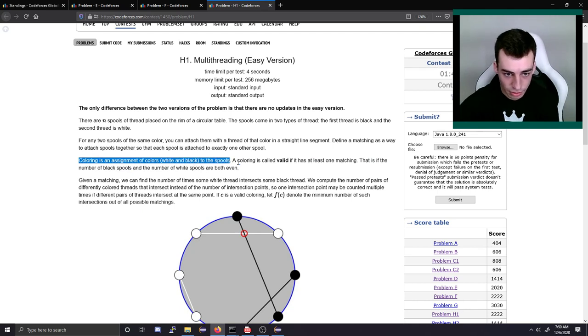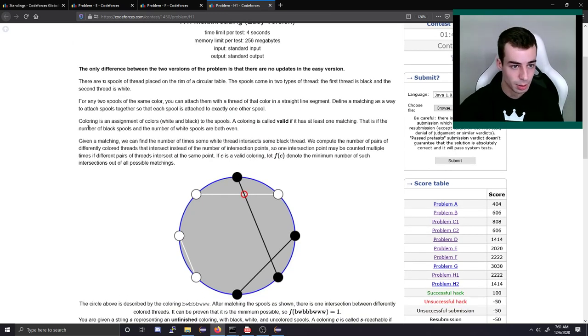Coloring is assignment of colors to the spools. Coloring is valid if it has at least 1 matching. Okay. That is if the number of black spools and the number of white spools are both even. Oh, yeah, okay. Got it. So if they're both even, you can match both of them. Given a matching, we can find the number of times some white thread intersects some black thread.